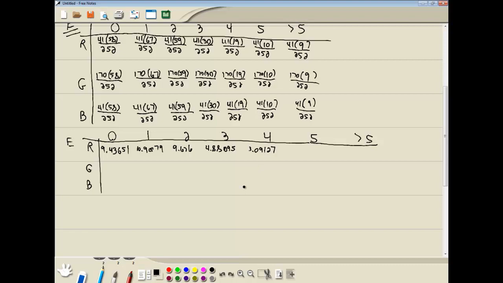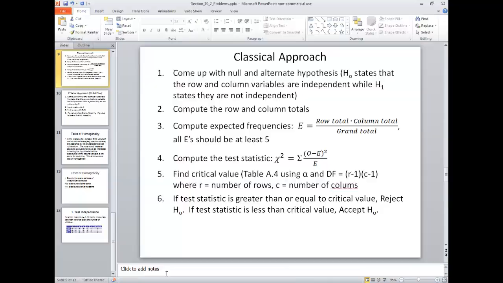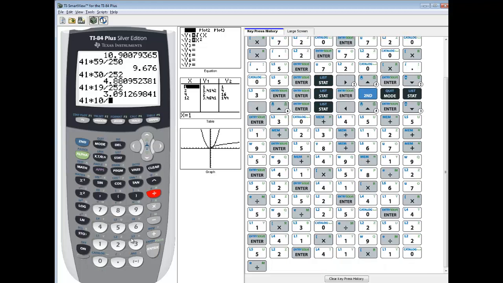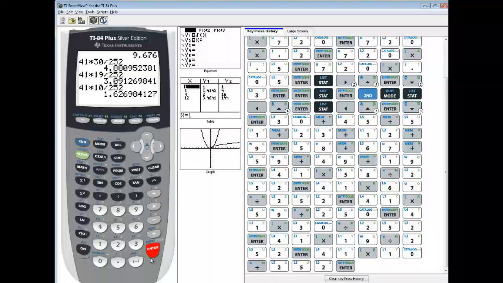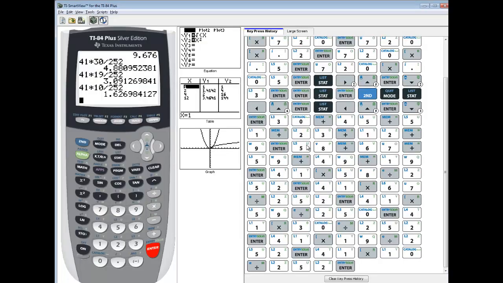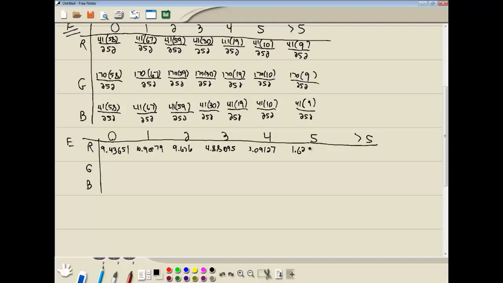We can't use it. 41 times 10 divided by 252. Well, we could use it, but making any kind of statement about the validity of it is false.